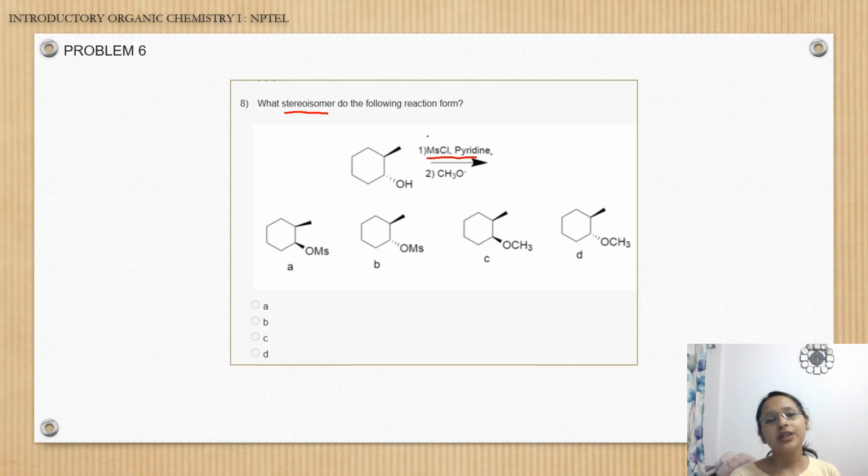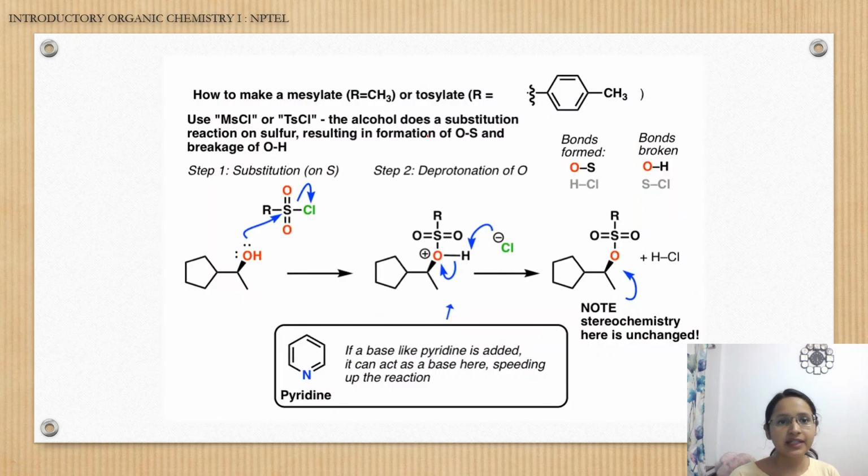Yeah, OH is going to be protected by methanesulfonyl chloride. A similar mechanism is happening here. First of all, the oxygen lone pair will attack the sulfur of methanesulfonyl chloride, and this Cl will knock out. Then the pyridine that is present in the system is a base, so it will take up this proton, and you will have this protected alcohol in hand, right?